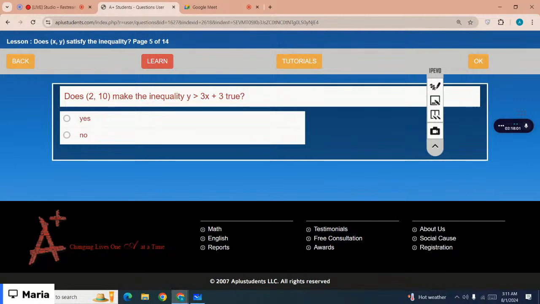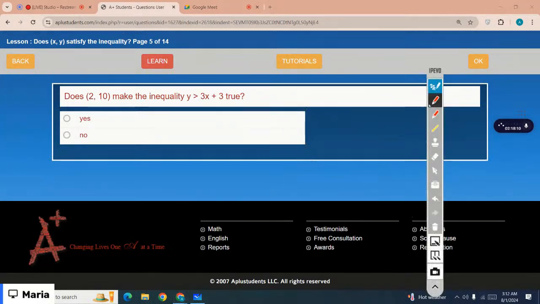So does (2, 10) make the inequality true? Okay, so x is 2, y is 10, and we have 3 times 2 plus 3. Which is the correct option?